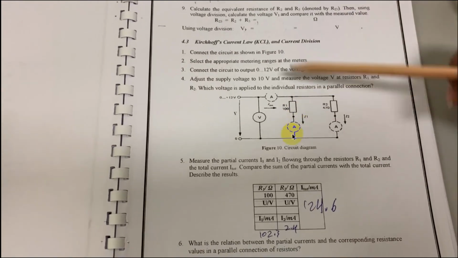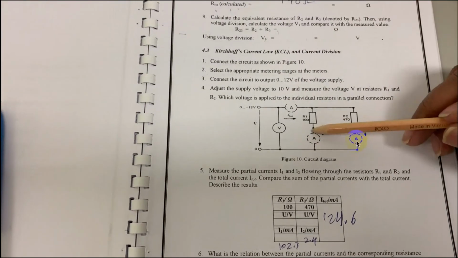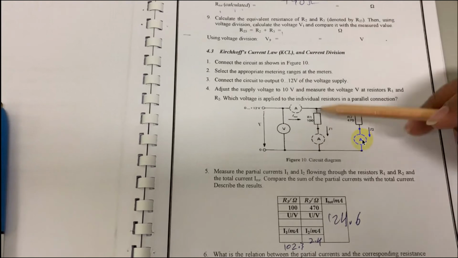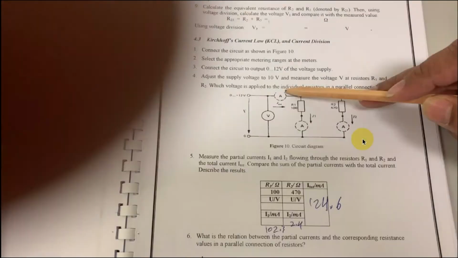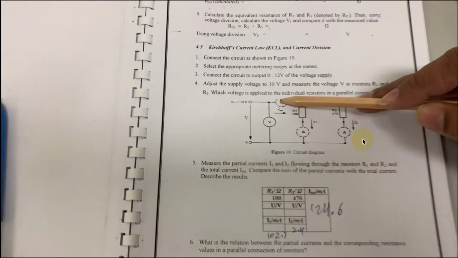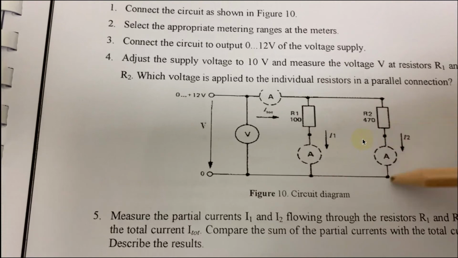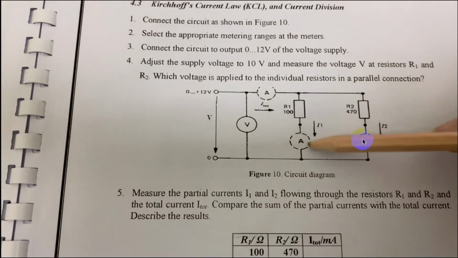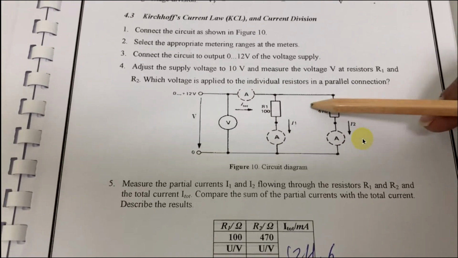I will measure it with this ammeter, and I2 I will measure with this ammeter. So it is I total, then short it. Calculate I1, then short this, then short these two and take I2 here.